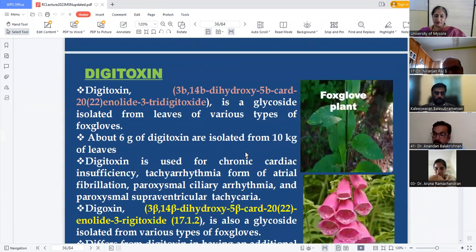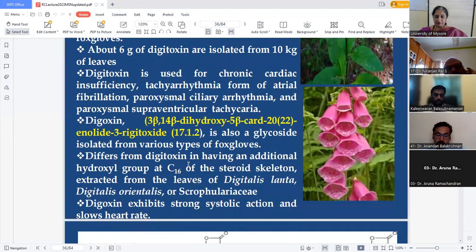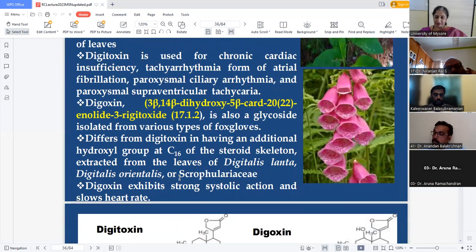The next drug of choice is digitoxin. Digitoxin and digoxin are both steroidal glycosides. It's a cardiotonic drug, and 6 grams of digitoxin is isolated from 10 kg of leaf sample through a series of processes. The chemical structure is also given. Both differ in having an additional hydroxyl group at C16 of the steroid skeleton.